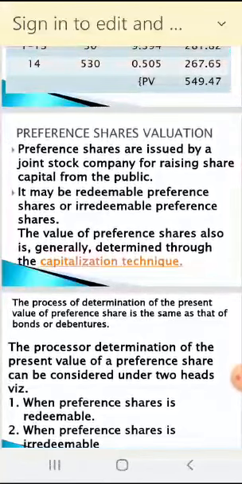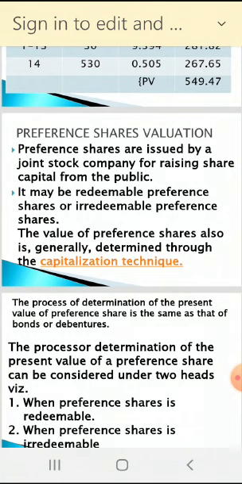What is a preference share? Preference shares are issued by a joint stock company for raising share capital from the public, like equity shares. Equity shares and preference shares both are own capital, while debentures, bonds and long-term loans are borrowed funds.